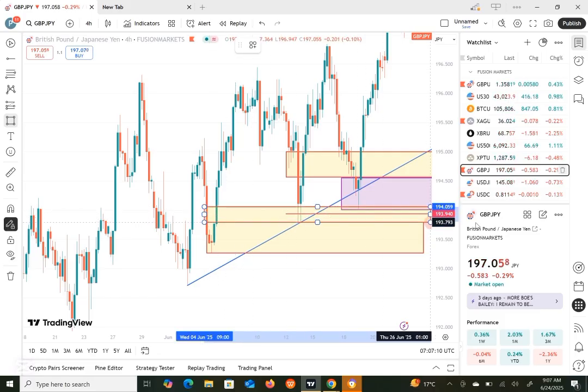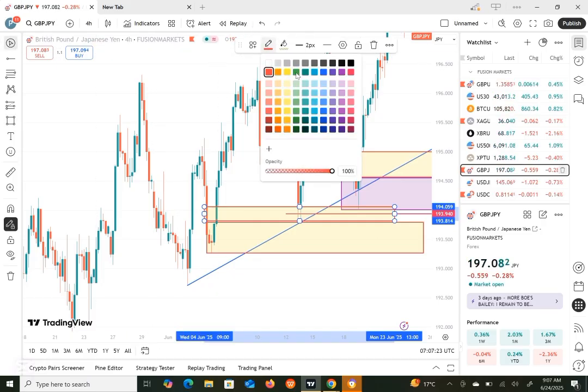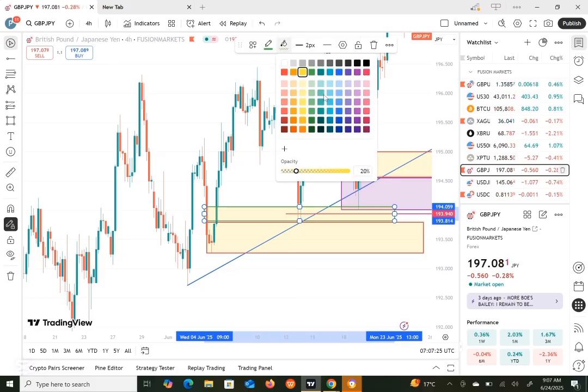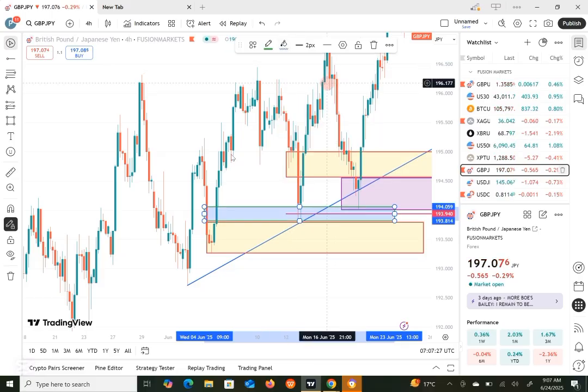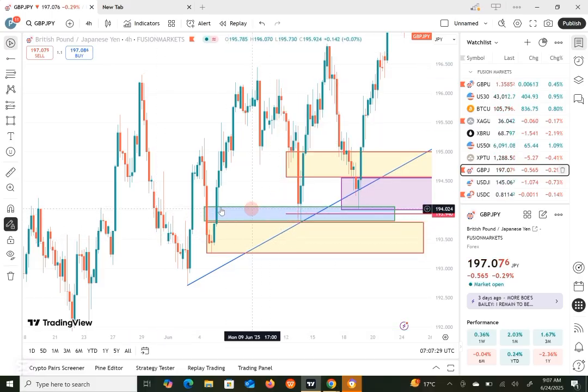This is your fair value gap. That's where your imbalance was. Okay, let me just change the color so that it's more clear. Okay, so this was your fair value gap.